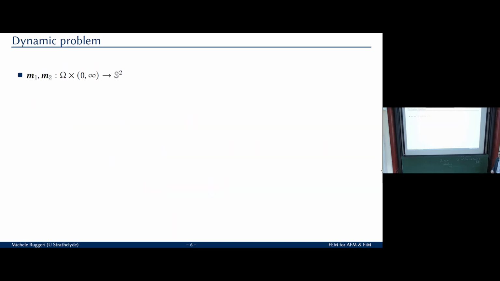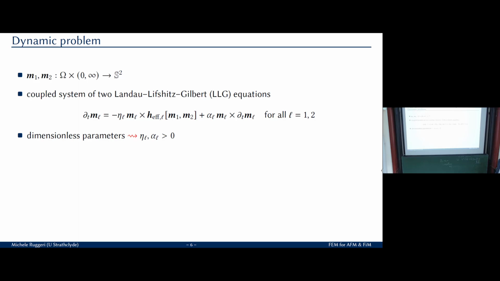Maybe you are interested also in dynamics, and then your two fields M1 and M2 will depend also on time. It is well known that the well-established model for the dynamics of the magnetization is the Landau-Lifshitz-Gilbert equation, and you have it also here.